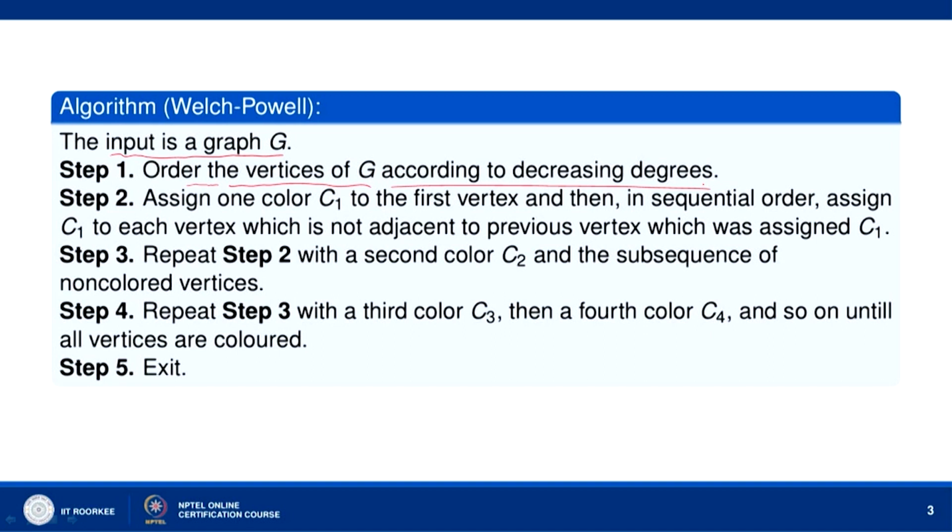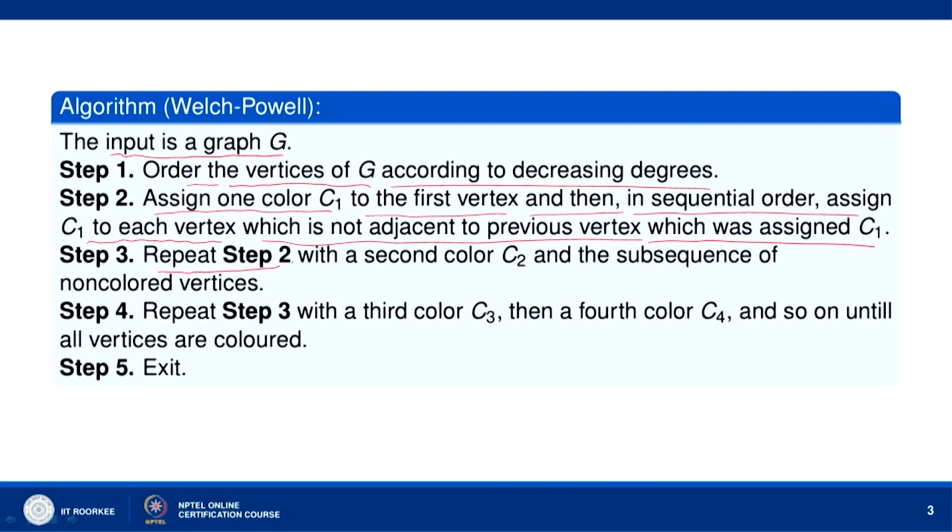of decreasing degrees. Step 2 is to assign one color C1 to the first vertex, meaning the vertex with the highest degree, and then in sequential order assign color C1 to each vertex which is not adjacent to the previous vertex, that is the vertex with the highest degree which was assigned C1.